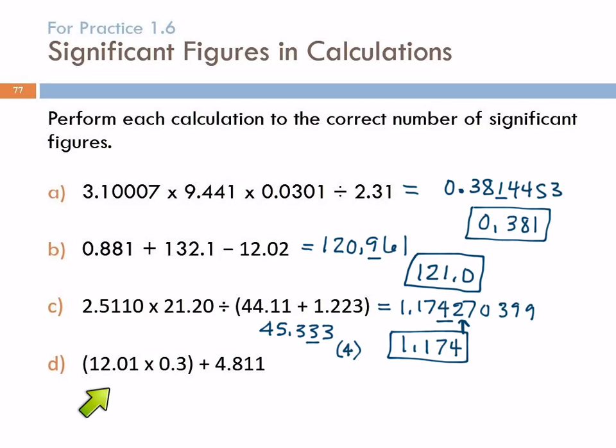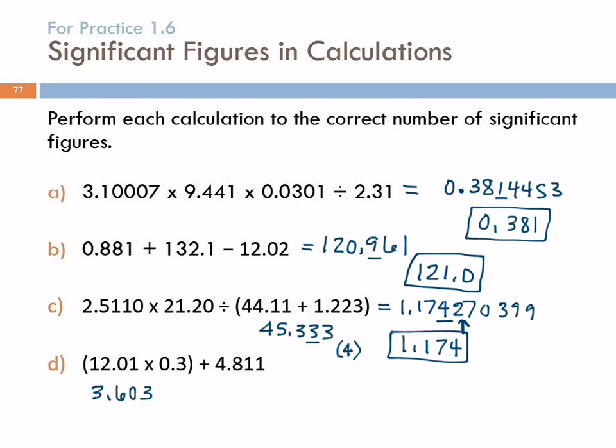Down here, we've got this number times that number plus this one. So these are in parentheses, so we need to do those first. 12.01 times 0.3. So the result of that is 3.603.